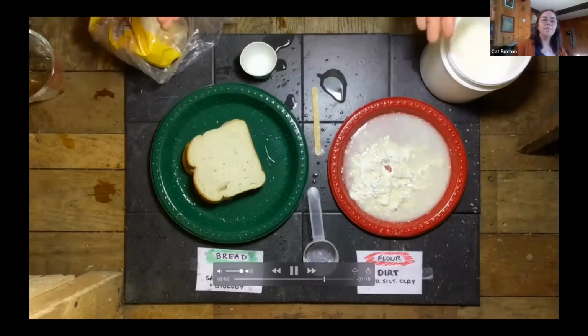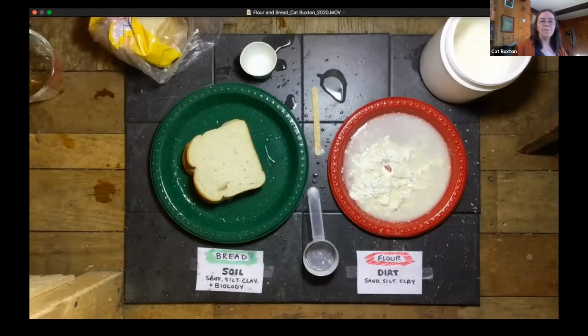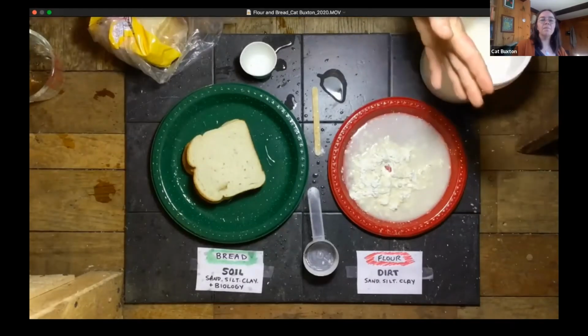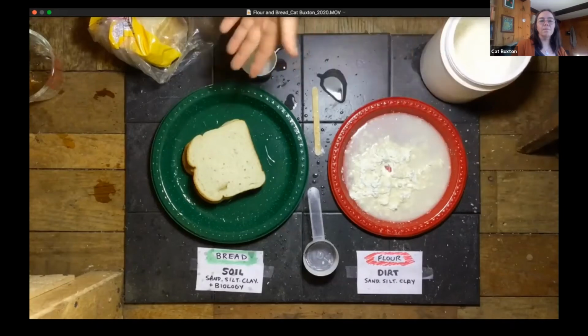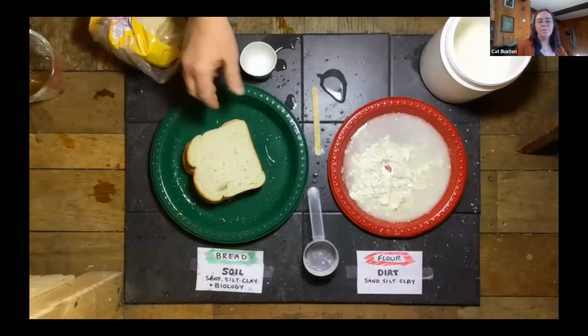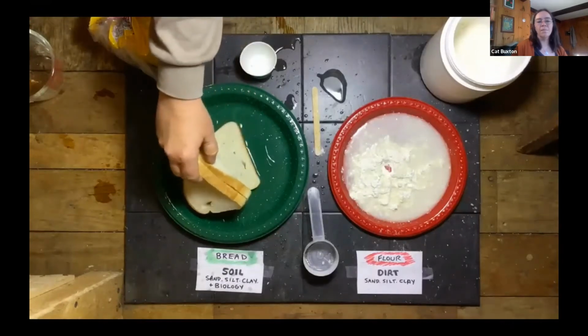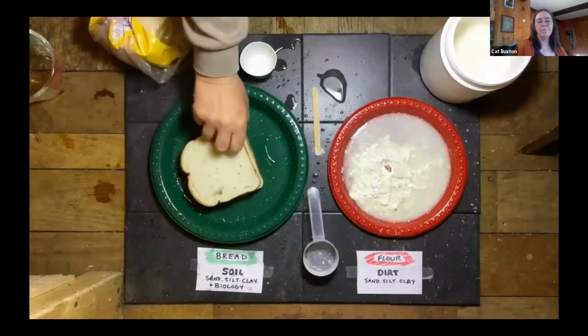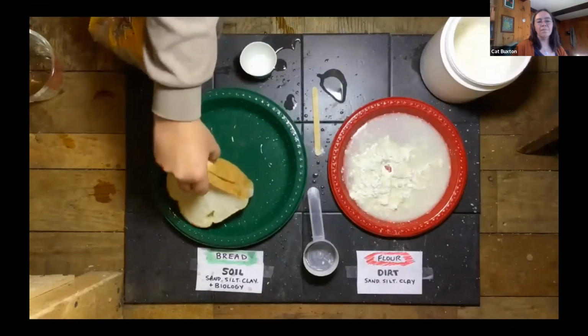If you had to live in these landscapes, would you choose the flour or the bread if you were a farmer? If you were growing plants of any kind, you would likely choose the bread. The bread is wet all the way through. We have full saturation.